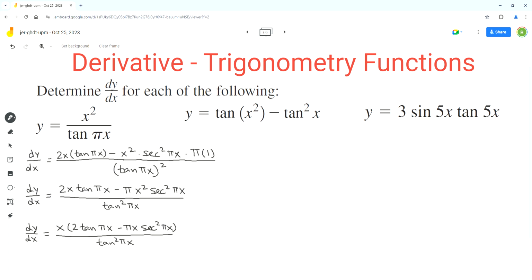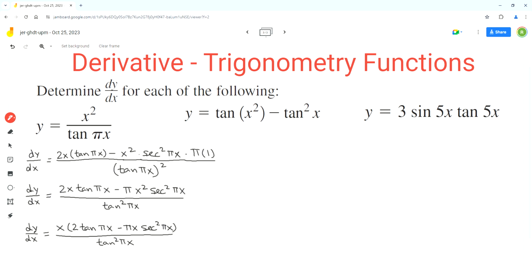Now we can analyze the second equation, y equals tan x squared minus tan squared x. Now in this equation, in the first term, the square is on the x, not on the tan. And in the second term, the square is on the tan and not the x.